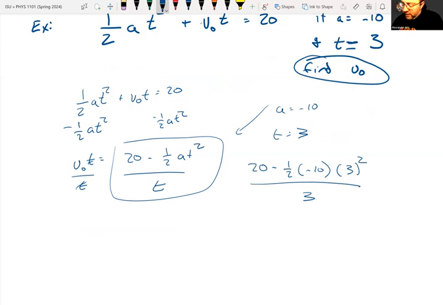This is going to be 20 plus 5 times 9, which would be 65 over 3. So 65 over 3 would be your v naught. Being able to do that kind of algebraic manipulation on the fly is what you need. I don't expect the algebra to get any harder than that.